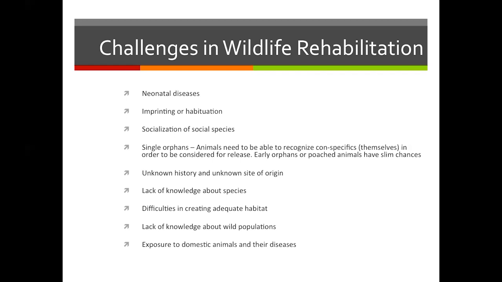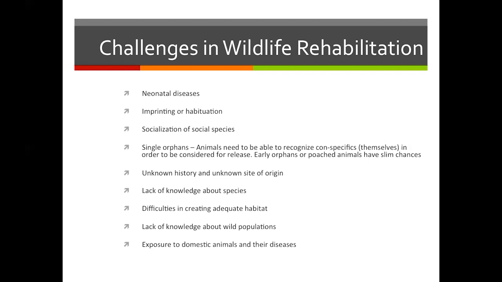Animals need to be able to recognize themselves, so their own species, in order to be considered for release. They need to also recognize predators, aka humans, and respond appropriately, which is generally fear and flight.